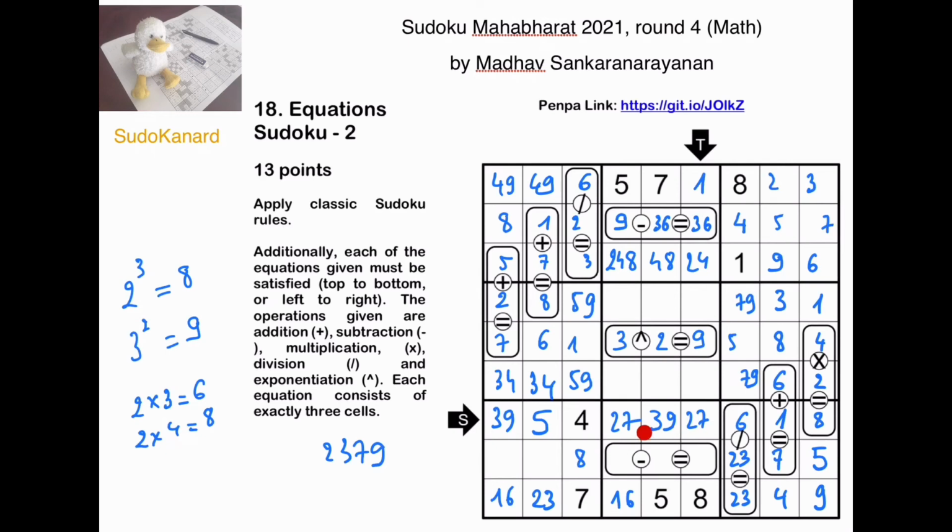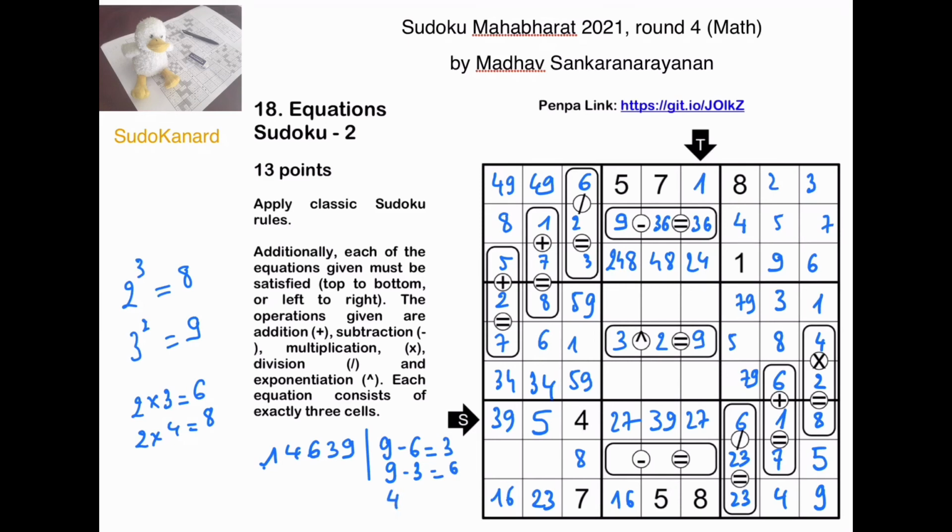And that should strongly restrict what happens here, because we must choose between 5 digits, which are 1, 4, 6, 3, and 9. So what are the options? It could be 9 minus 6 equal to 3, or the other way around.